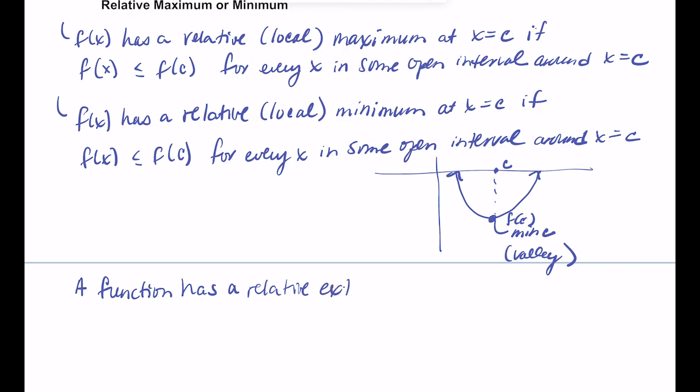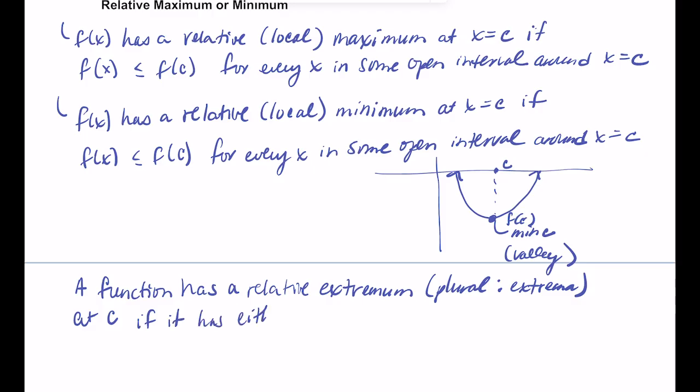Think of that as an extreme point. The plural of extremum is extrema, so if there's more than one local max or min. At c, remember, c is just your x value, it's a constant, the function has either a relative maximum or a relative minimum there.